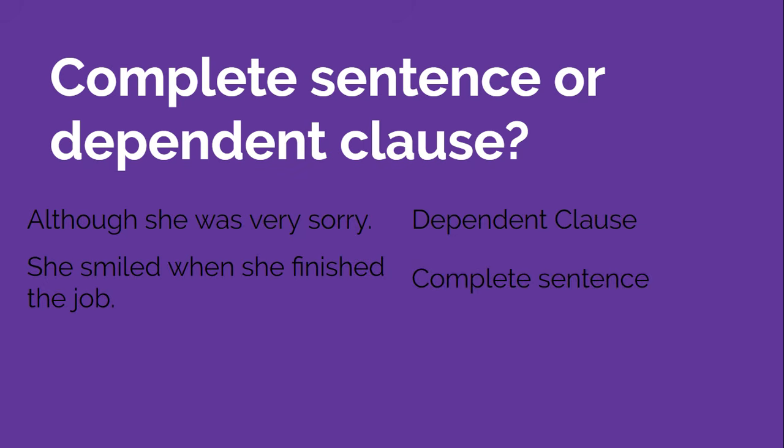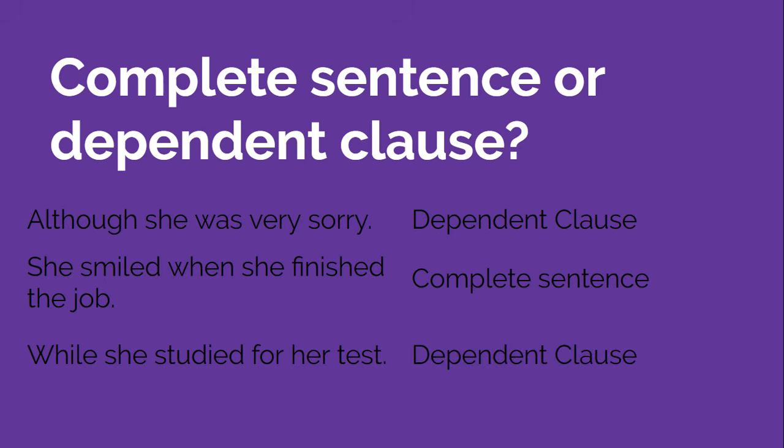Complete sentence. Finally, while she studied for her test, is this a complete sentence or a dependent clause? That's a dependent clause. Now, I hope you were able to recognize the dependent clauses because of these words here, although and while. These words tell us that there's more coming soon.